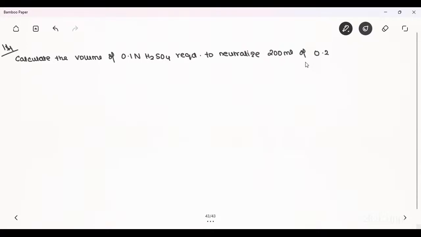Calculate the volume of 0.1 normal H2SO4 required to neutralize 200 milliliter of 0.2 normal NaOH solution.